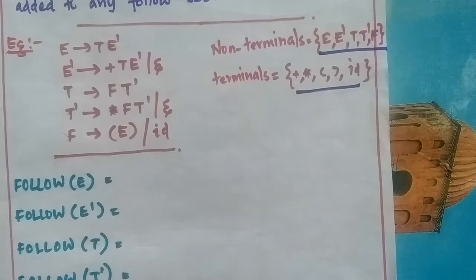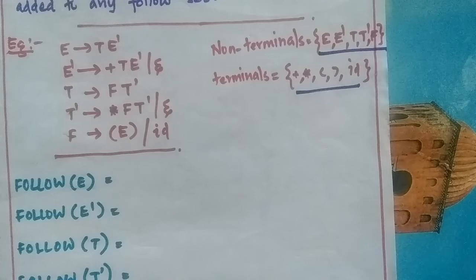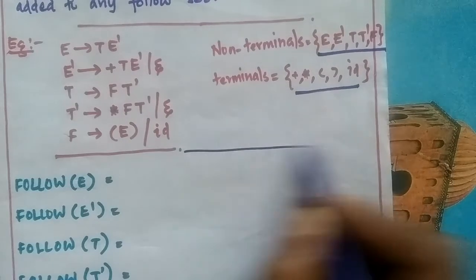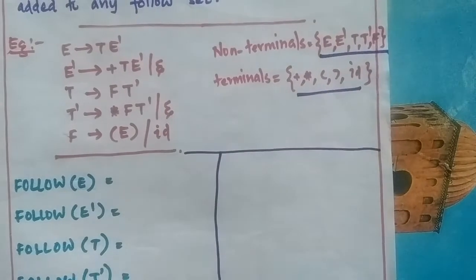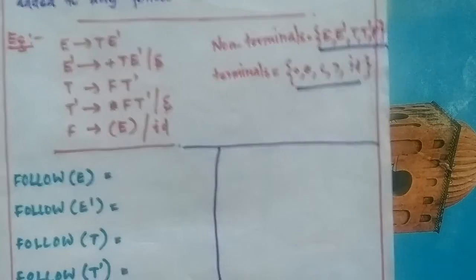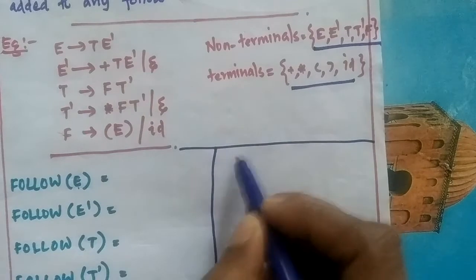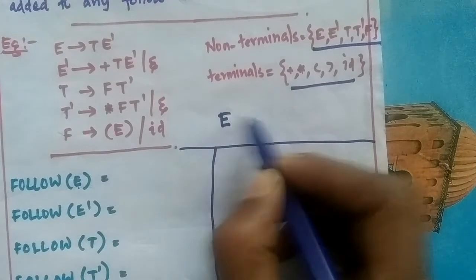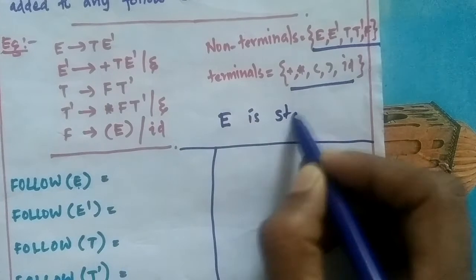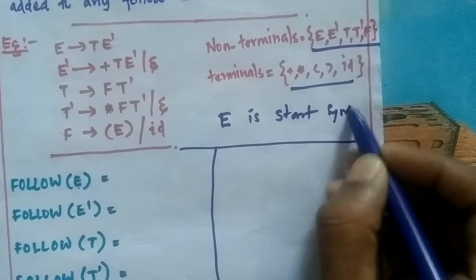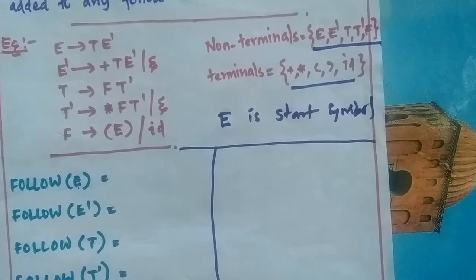So here, the first thing is follow of E. We know that in this grammar E is the start symbol.